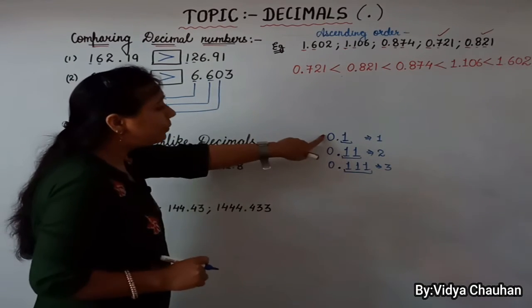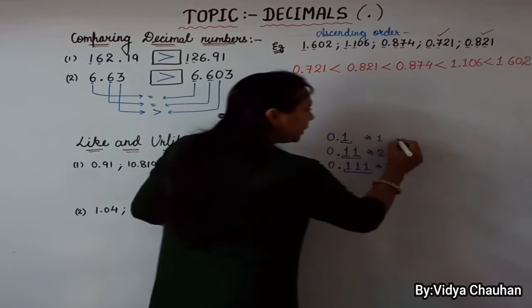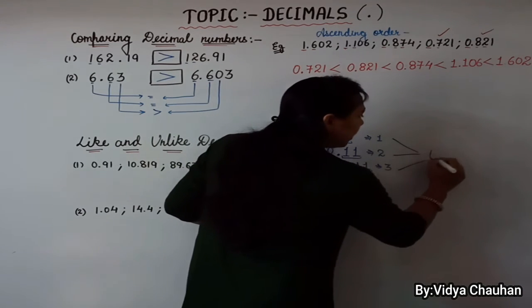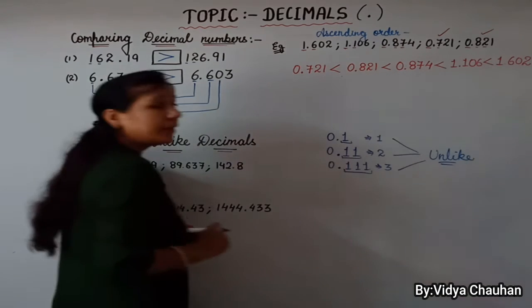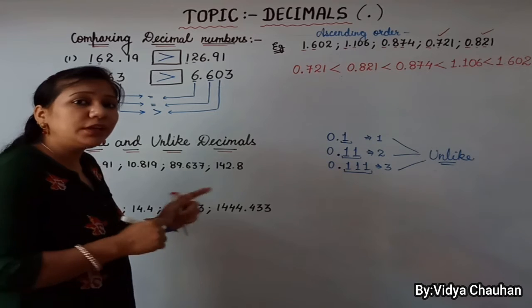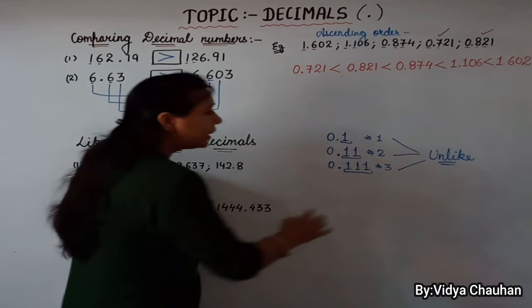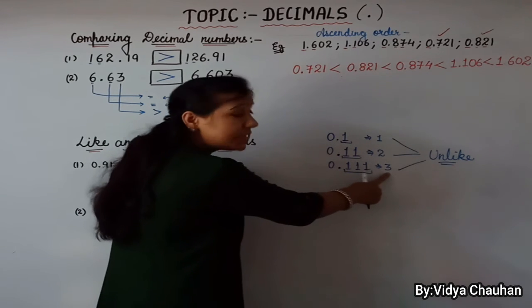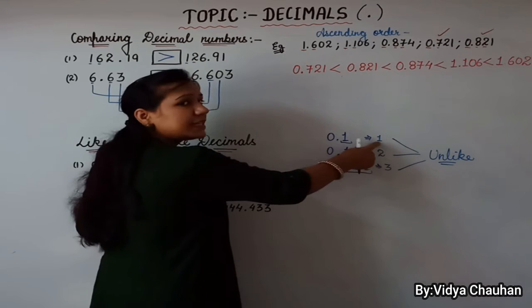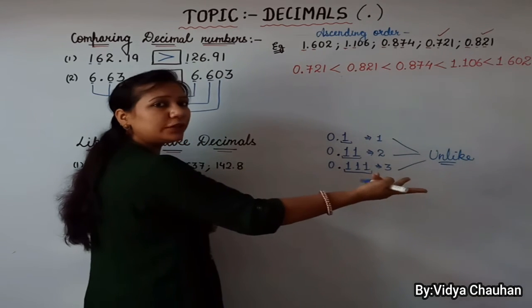Right now all these three are unlike decimals. Now if it is said to convert unlike to like decimals, what you have to do is find the maximum decimal place value here, which is 3. That means we will convert 1 decimal place value to 3 and 2 decimal place values to 3.